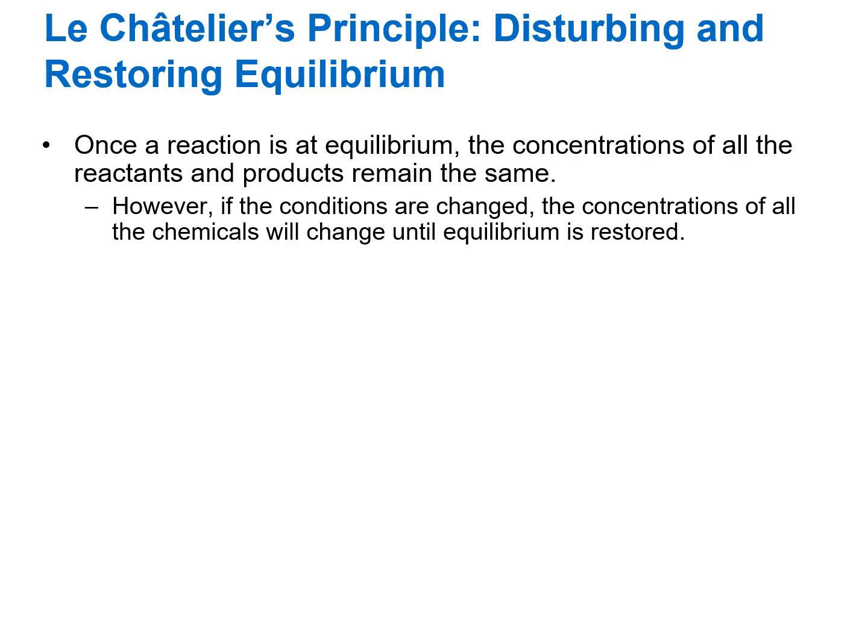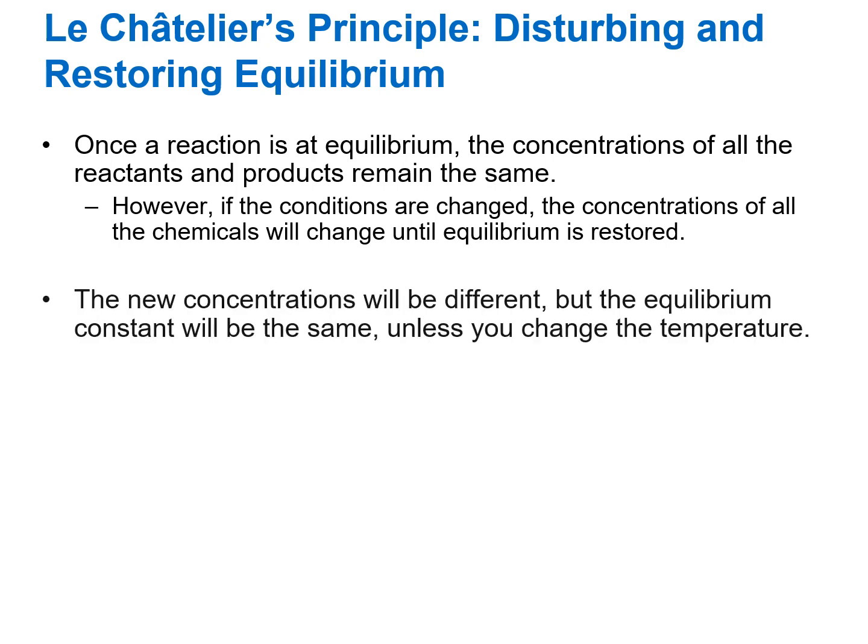So this is a principle that was demonstrated by Le Chatelier. Furthermore, the new concentrations may be different in our new equilibrium, but the equilibrium constant, which tells us about the proportionality of the products and the reactants, will remain the same unless we change some other dynamic at work in the system, such as temperature.